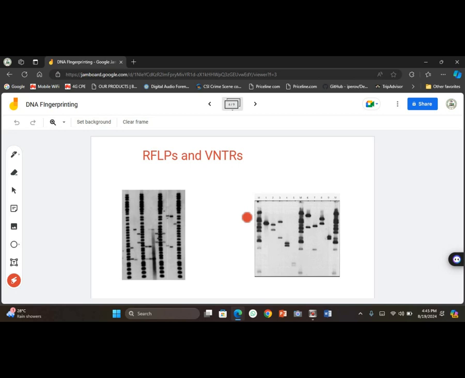Some of the advantages of this type of DNA fingerprinting are that they are the most stable and reproducible. All of the RFLPs and VNTRs are reproducible and also stable.